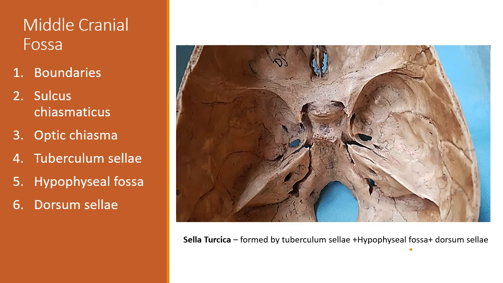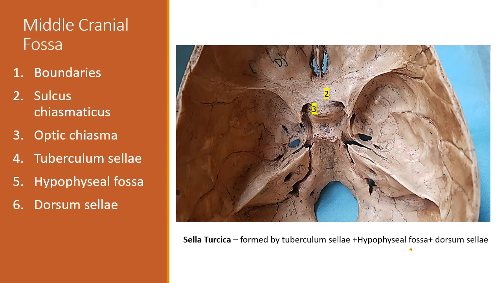This is the middle cranial fossa. Its boundaries are anteriorly the lesser wing of sphenoid and posteriorly the superior border of the petrous temporal bone. Now from before backwards, in the middle part it shows the sulcus chiasmaticus.